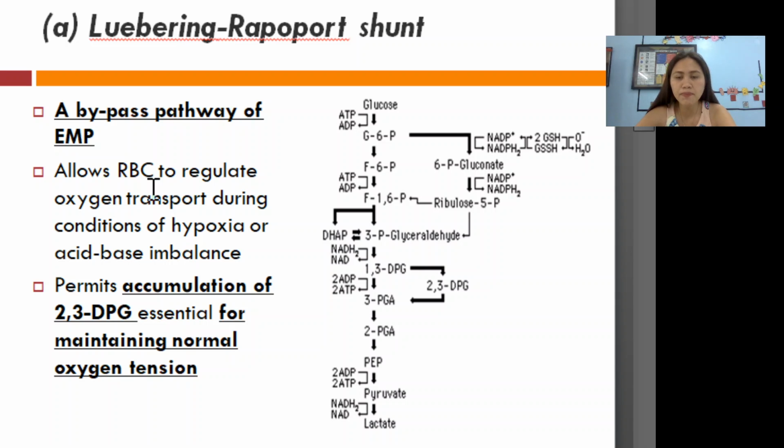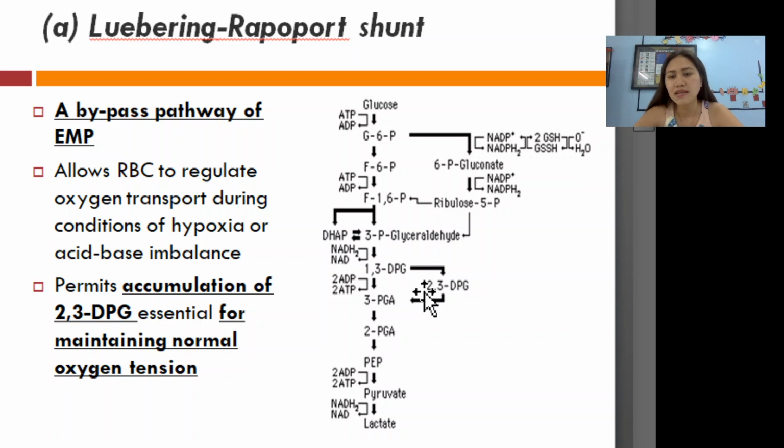It allows RBC to regulate oxygen transport during conditions of hypoxia or acid-base imbalance. So the purpose of this pathway, the Luebering-Rapoport shunt, is to allow accumulation of 2,3-DPG. Okay, there will be such time that 2,3-DPG is very essential.